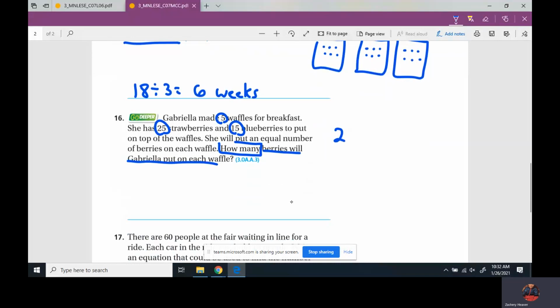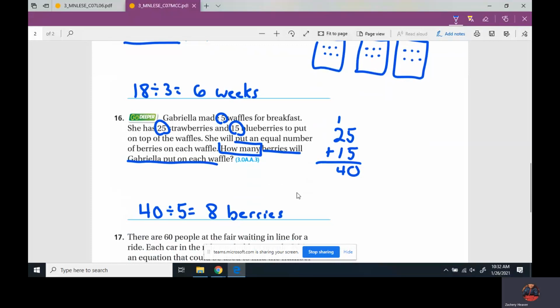So 25 plus 15. 5 plus 5 is 10. 0, carry your 1. 1 plus 2 plus 1 makes 4. So she has 40 berries, and she's going to put them on 5 waffles. So there's our equation. And if we skip count 5 to 40, it's going to be 8 berries.